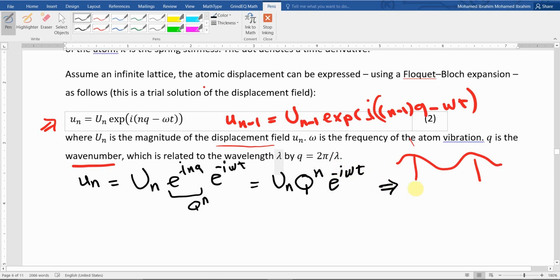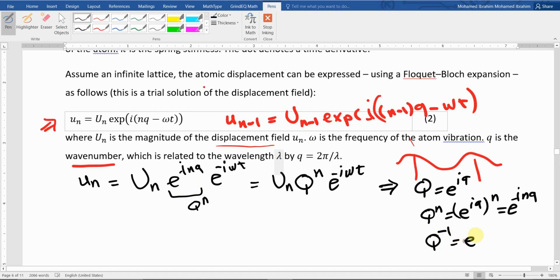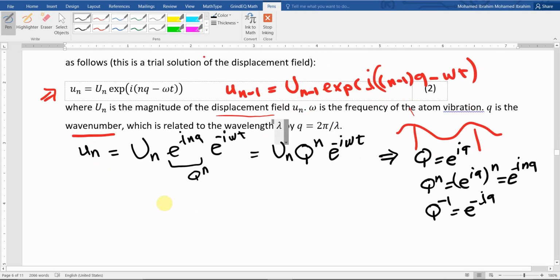From here, q should equal e to the iq. So if we have q to the power n, it should be e to the iq, all to the power n. It means it should be e to the i n q, which is this same term. Make sense? If, for example, we have q to the negative 1, it should be e to the negative iq, and so on. So it is just the exponent of the q, right?